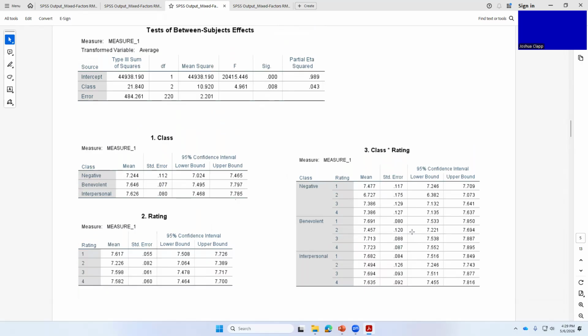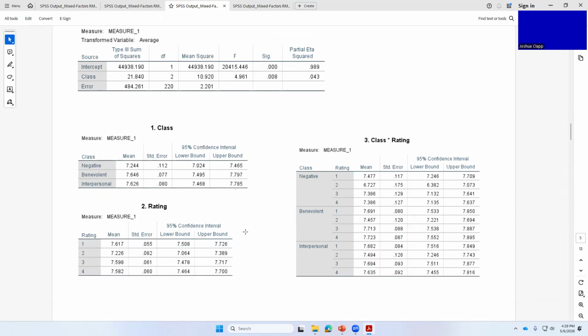So if we go down through and take a look, this is going to be our estimated marginal means here. Here are our between group means, so this is collapsing across vignette. What are average friendship ratings for my negative, for my benevolent, and for my interpersonal groups?